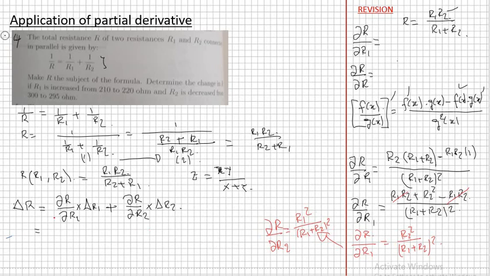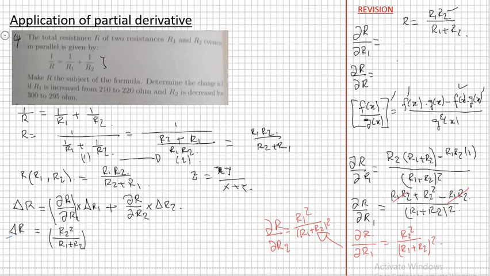And the next thing to do is you have to replace the derived expression into this relation here. So we just worked out r2 square over r1 plus r2 squared.